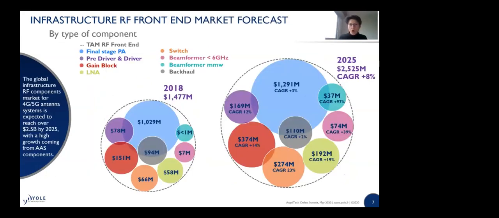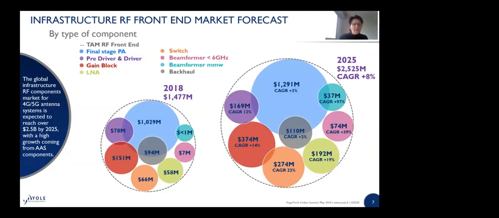So if we look overall at the market in terms of value, today in 2018, it was around $1.4 billion, meant to grow to $2.5 billion with an 8% dynamic growth. The biggest part of this market is being taken by the power amplifiers. So in fact, you have a first amplification with a gain block to reach the RF board, then a 3-stage amplification with the pre-driver, the driver, and the final stage PA.